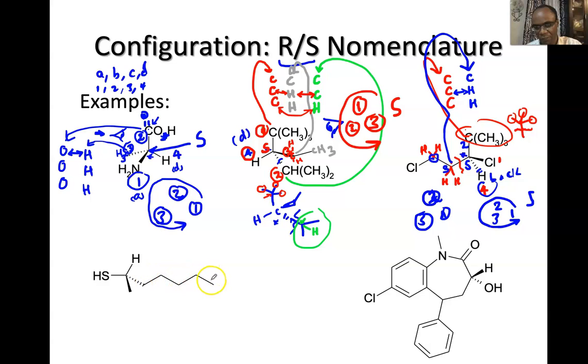None of this carbon is chiral except this one right here. I'm going to mark it with an asterisk. Sulfur atomic number will be higher. Hydrogen will have the least atomic number, so give it group 4. So you can call this D, call this A. You can use alphabets A, B, C, D, or numbers 1, 2, 3, 4.